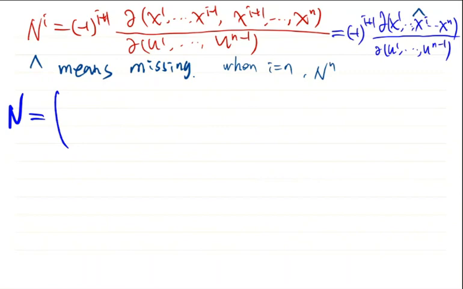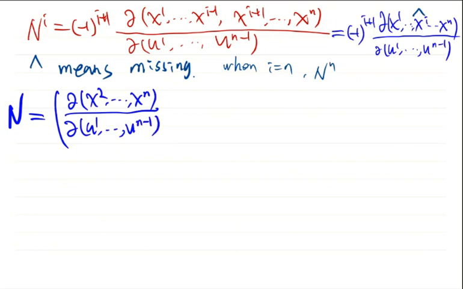when i equal to 1, i plus 1 is 2, minus 1 squared is 1. So we have no sign here, but the determinant of x2, xn with respect to u1, un minus 1. Then when i equal to 2, i plus 1 is 3, minus 1 to the 3 is minus.